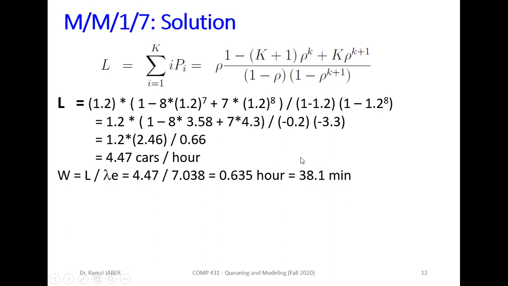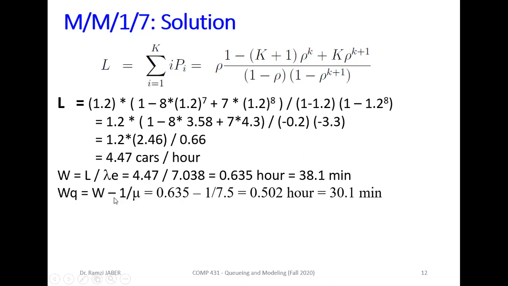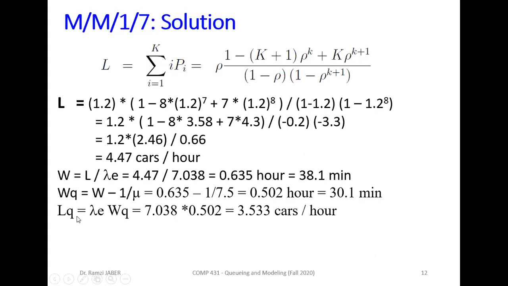If there is a big crowd, you may wait an hour. So now we can calculate Wq, W minus 1 over mu, equals 0.5 hours or 30 minutes. Last, we can calculate Lq, which equals lambda E times Wq, equals 3.5 cars.